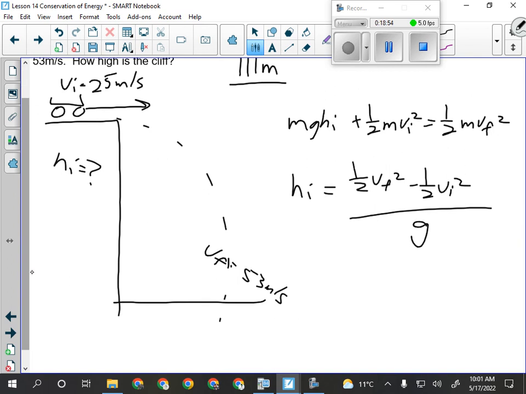So we will have 1/2 times 53 squared minus 1/2 times 25 squared, divided by 9.81. When you do that, you should get 111 meters.